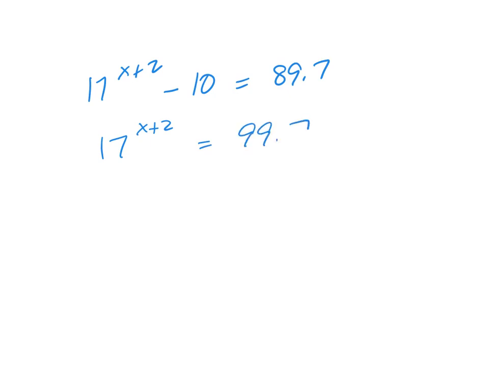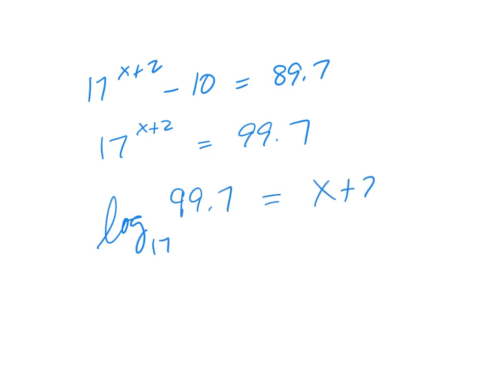The next one is 17 to the x plus 2 minus 10 equals 89.7. So we have 17 to the x plus 2 equals 99.7. And we have to convert that to log base 17 of 99.7 equals x plus 2.